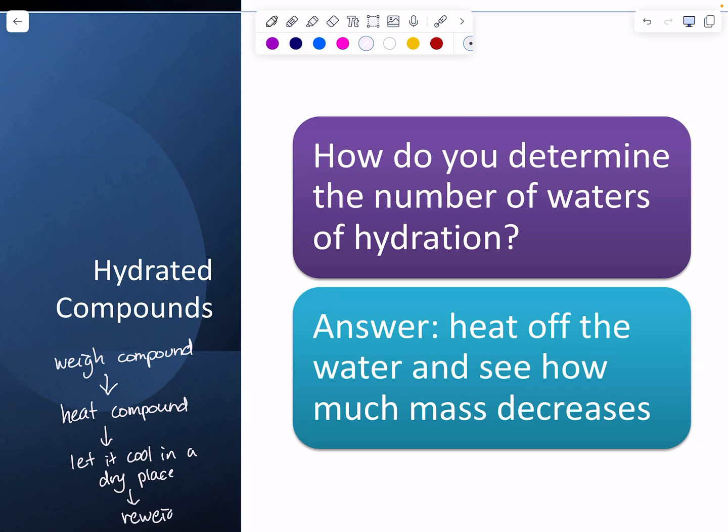And the mass that gets lost is how much water was there. And then if you can figure out how many moles of my compound I had and how many moles of water was lost, then you can figure out that ratio and the number of waters of hydration.